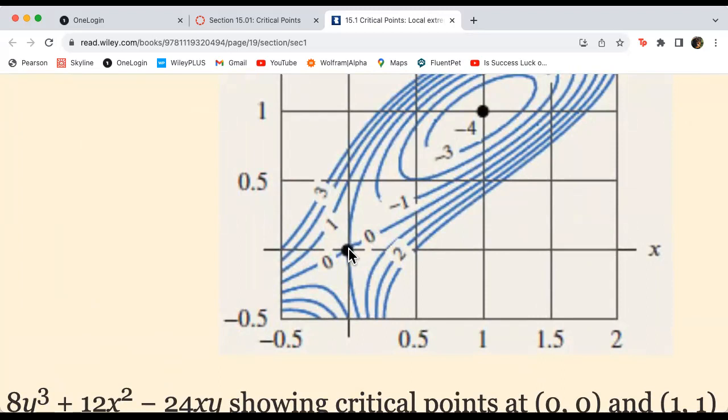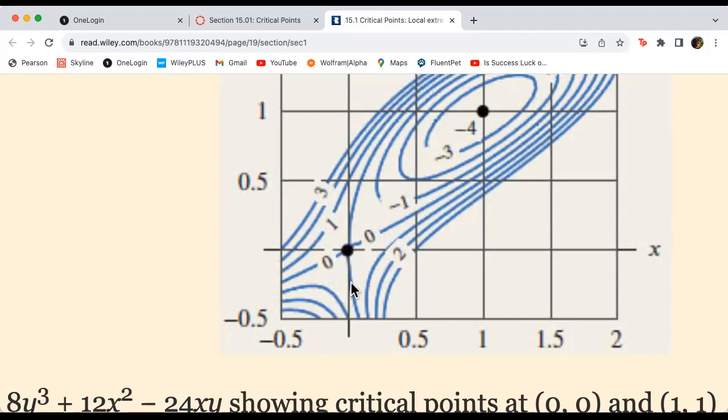This 0, it looks like it's sitting in some kind of valley. Because if we go up here, we're at 1. And if we go up here, it looks like this middle one is 2. So at least going in this direction, it looks like we've got some kind of valley. But then going in the y direction, if we go up and down, we can see this other line of 0 running through it.